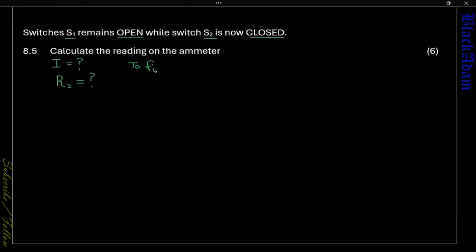So we need to find RZ first. The electromotive force is equal to I bracket resistor Y plus resistor Z plus internal resistor. So that's 12.